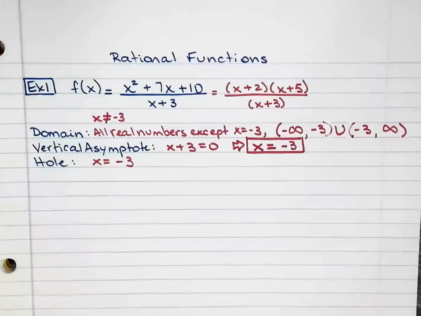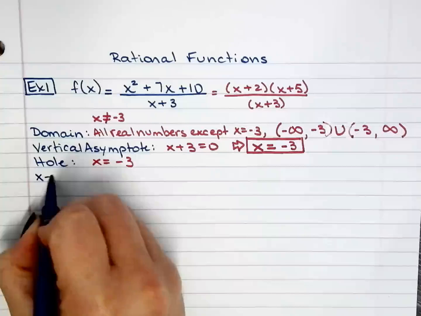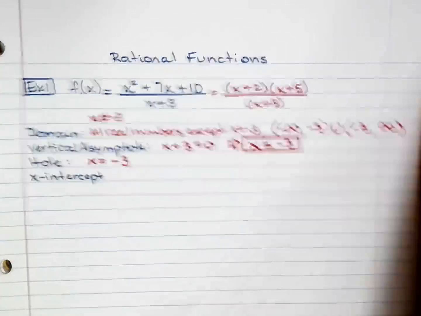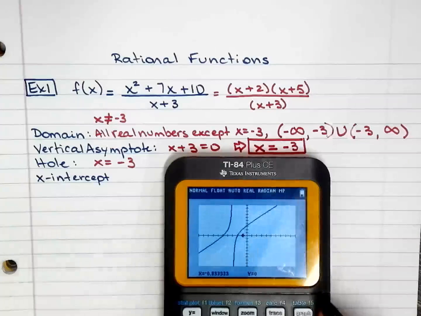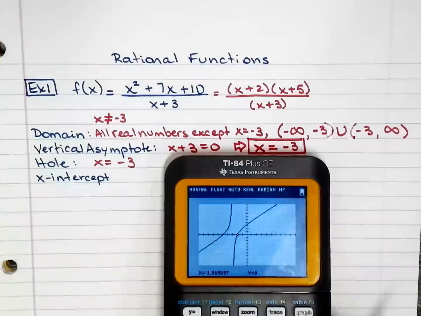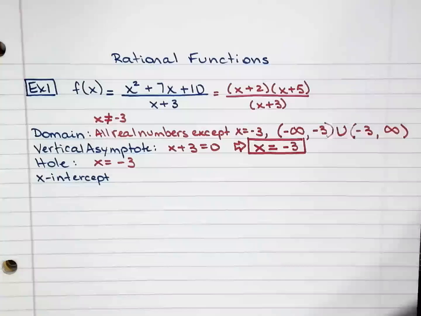Okay, now that we're talking about domain, we will find the x-intercept. So the x-intercept you can find from the graph, so it should be right there at -2-ish, and that one right there at -5. But let's say that you don't have the graph, but you can solve it by hand.